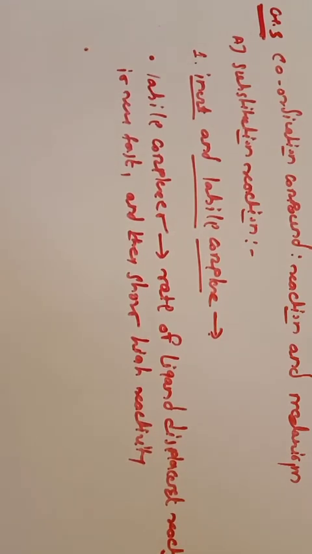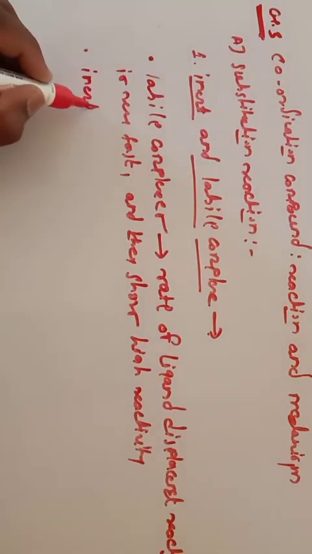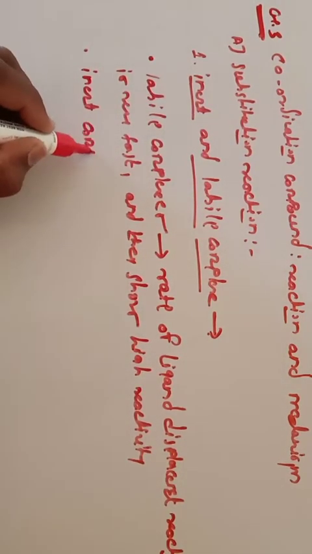On the other hand, if you consider the metal complex in which the rate of ligand displacement reaction is very slow and hence which shows less reactivity, they are called inert complexes. So on the other hand, what are inert complexes?